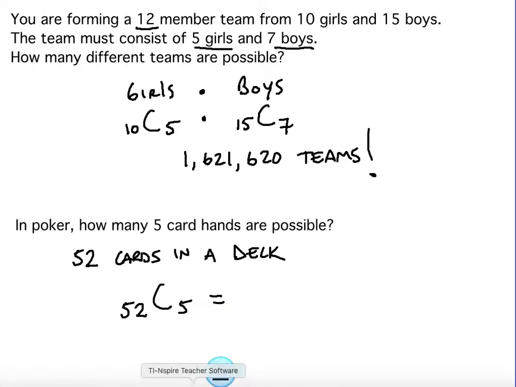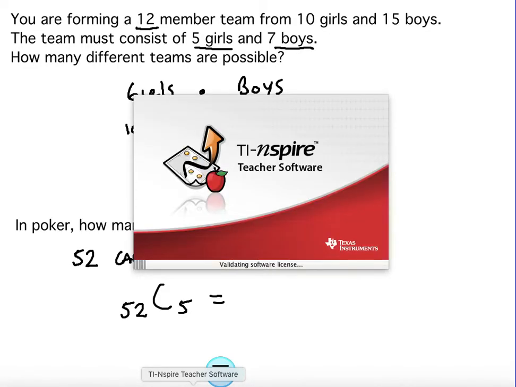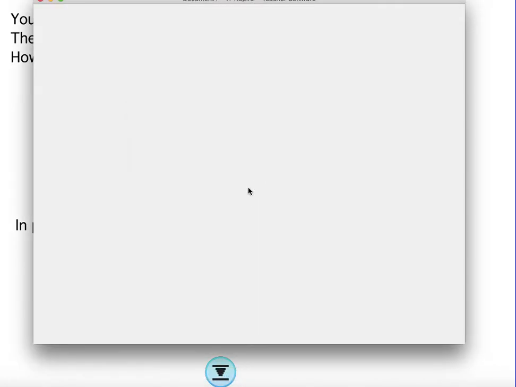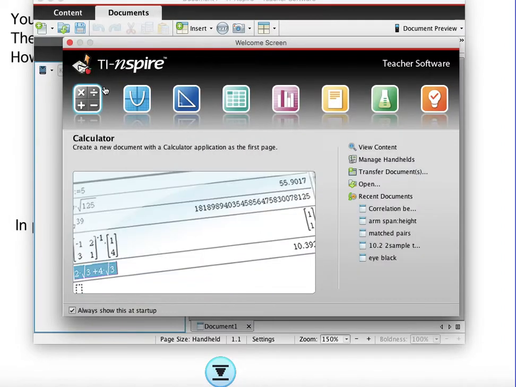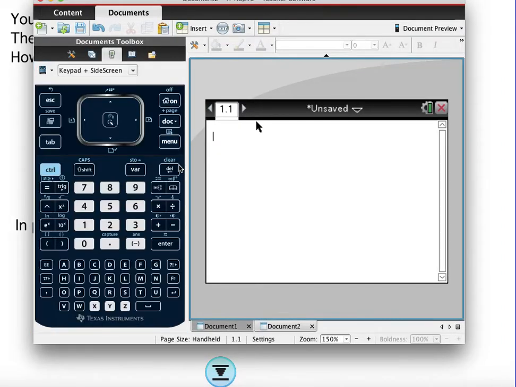Again, maybe I'll get my calculator up just to show you how to do it in your calculator one more time. You're going to do menu 5, 3. Give it a second. Okay, here we go.